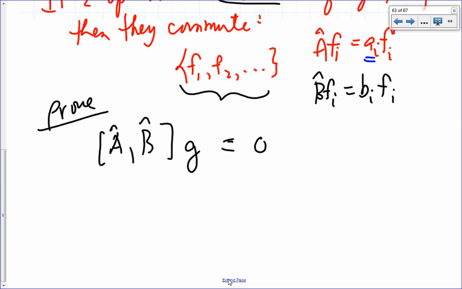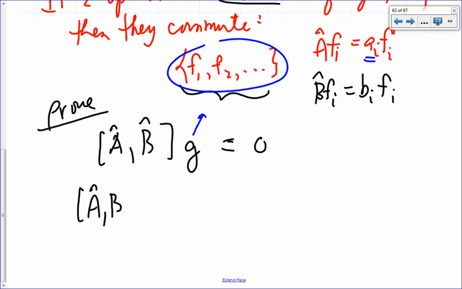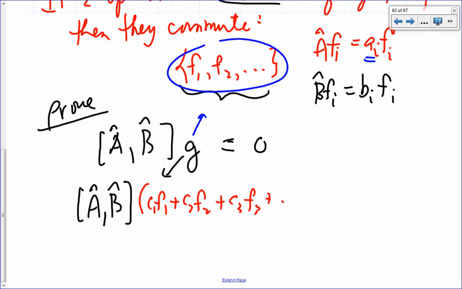Well, the F sub i form a complete set, so we can expand G in terms of F sub i. So we can say A hat, B hat commutator, and instead of G, I'm going to replace that by C1 F1 plus C2 F2 plus C3 F3 and so on. Remember, we postulated the eigenfunctions of a Hermitian operator form a complete set. So that's going to be equal to 0.